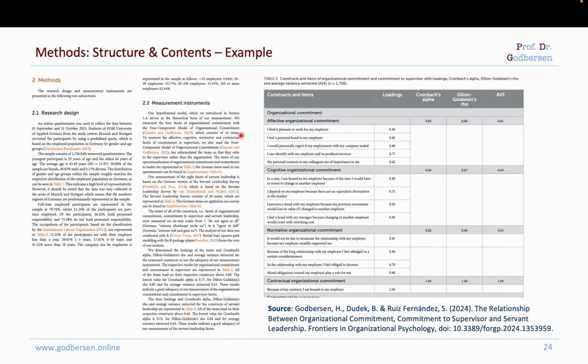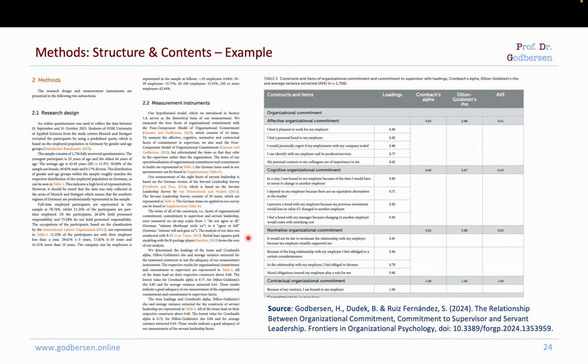Under measurement instruments, the second subsection, we stated that we base our questionnaire content-wise on our hypothesized model. We stated which other established, validated measurement instruments formed the basis for our questionnaire. And we stated we measured all the constructs and items on a scale from 1 to 6.